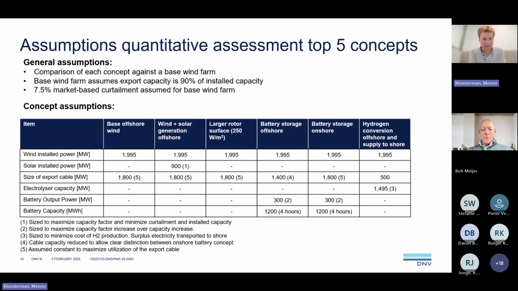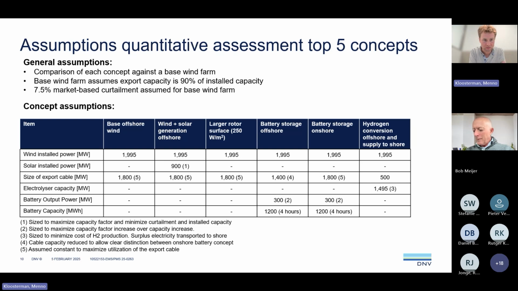So that's listed here. So, for example, the base size of the wind farm is always 2 gigawatts. And then for each concept, we have pre-selected, based on our experience or assumptions, a reasonable ratio of, for example, solar.